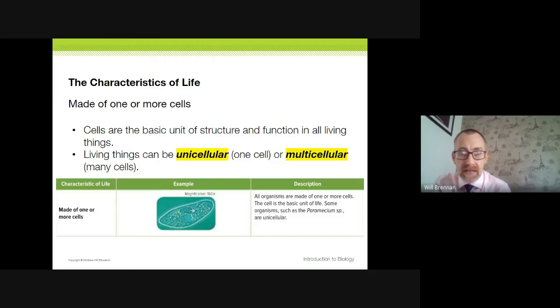So our friend COVID-19, the lovely virus that is keeping us all at home, is a unicellular organism. That is, it is made up of one cell. More complex organisms like plants and animals are multicellular. Okay, so that is characteristic number 1. All living things are made of cells.